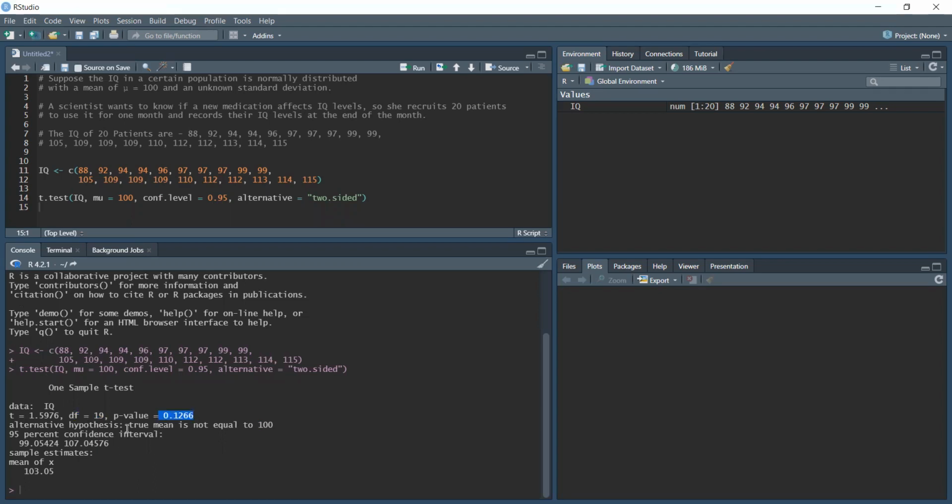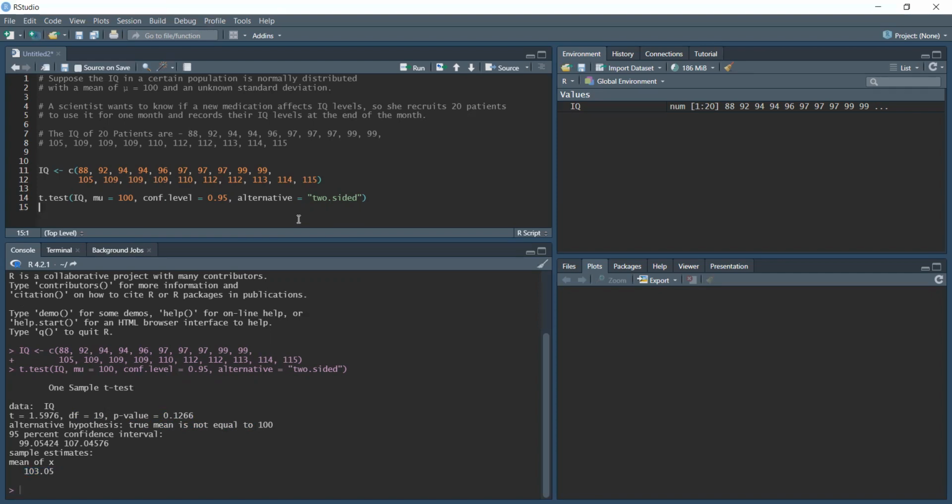The alternative hypothesis is clearly stated over here, that the true mean is not equal to 100, and we have this 95% confidence interval which ranges from 99.05 to 107.05. And in this example, the value of x bar, that is the sample estimate of the mean, is equal to 103.05.